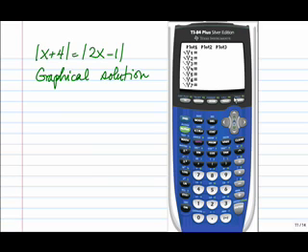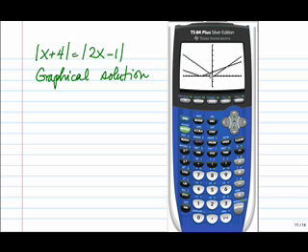To do this graphically, we have one of two methods. We can either set absolute value of x plus 4 equal to the absolute value of 2x minus 1, and we can graph that.